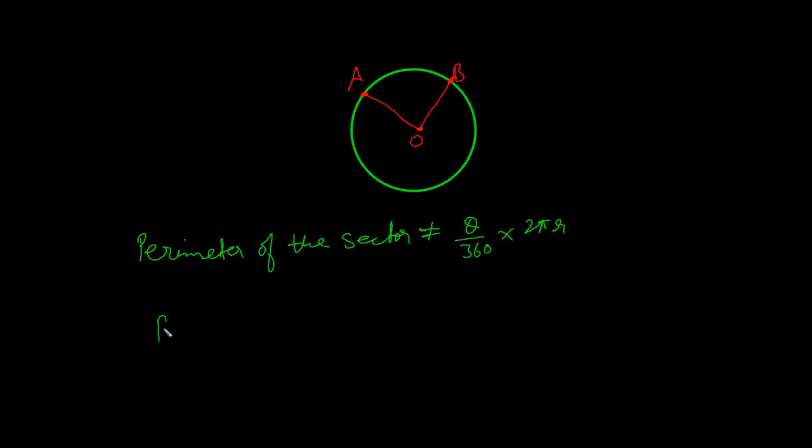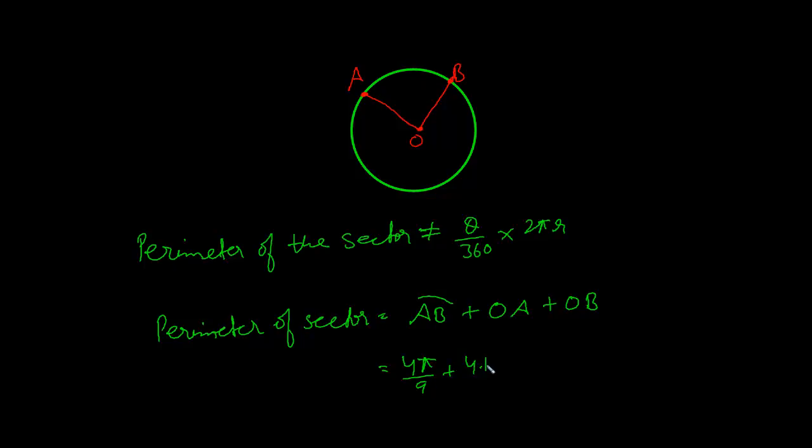The perimeter of the sector, if you look at it carefully, includes the arc AB plus the length of the radius OA plus the length of the radius OB, which in the case of the last question becomes 4 pi by 9 plus 4 plus 4, which is (4 pi plus 72) by 9.